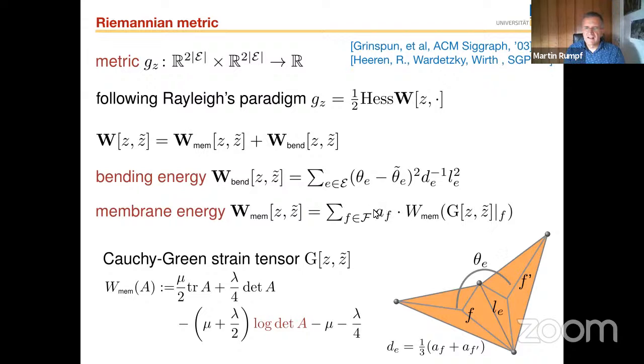And that can be scaled here with the area of the triangle to turn this again into a discrete area integral. This G is the Cauchy-Green strain tensor, and the membrane energy density can, for instance, be defined nicely as such here. There is the trace, there is the determinant popping up, and there's the log of the determinant of A.